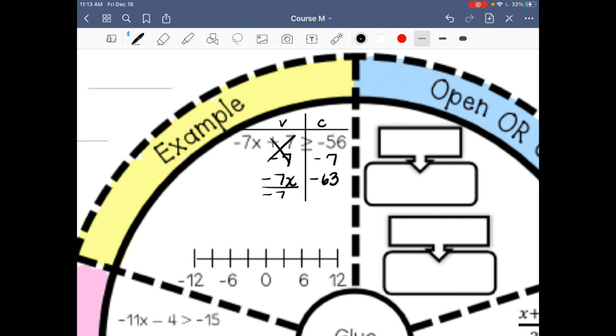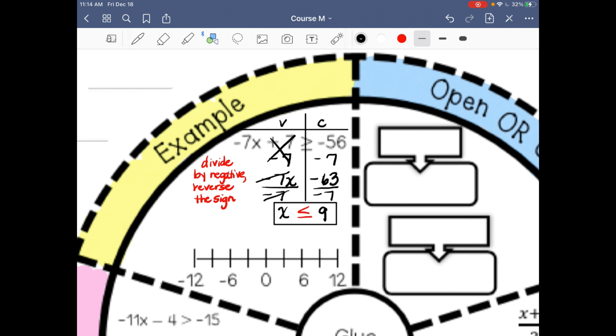Then I'm going to divide by a negative 7. And remember, when you multiply or divide by a negative, you reverse the sign. So instead of greater than or equal to, it becomes less than or equal to x and positive 9 on that side.